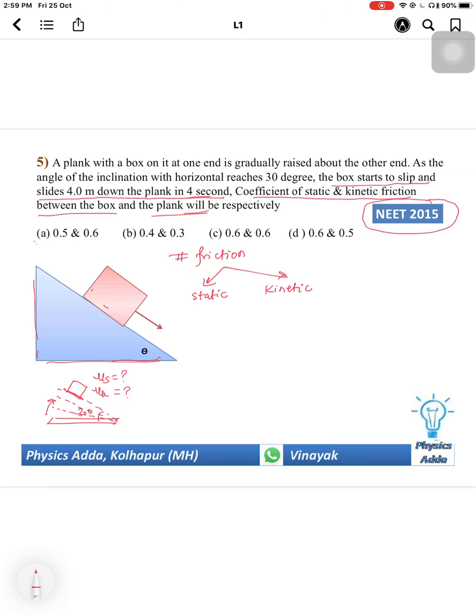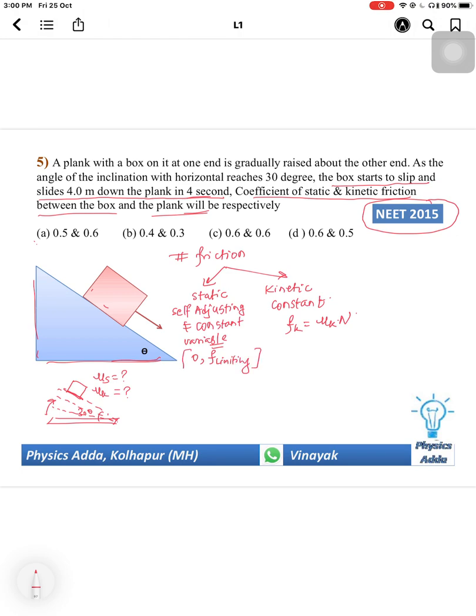Now, as we know, static friction means what? It is self-adjusting friction. It means it is not constant. It is variable. While kinetic friction is constant, what is the value of kinetic friction? Coefficient of kinetic friction into normal reaction. And static friction varies from 0 to F limiting.